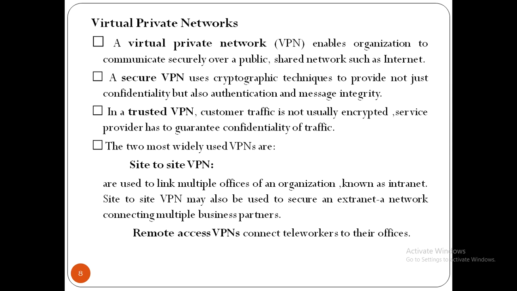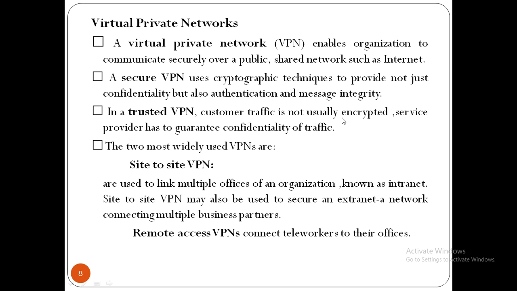Here there are two kinds of VPN I would like to consider: a secure VPN and a trusted VPN. The secure VPN uses cryptographic techniques to provide not just confidentiality but also authentication and message integrity. But compared to this, in a trusted VPN the customer traffic is not usually encrypted.